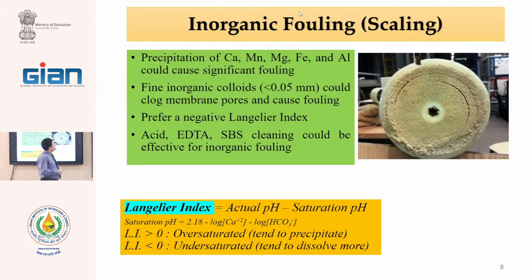Scaling mostly results from calcium and magnesium, but the presence of low amounts of heavy metals, especially zinc, nickel, manganese, iron, or aluminum, also matters. We have a coagulation process in water treatment, in which we add ferric chloride or aluminum sulfate as a coagulation agent.